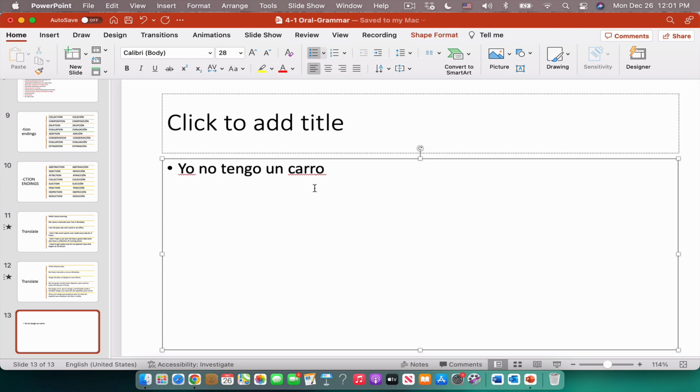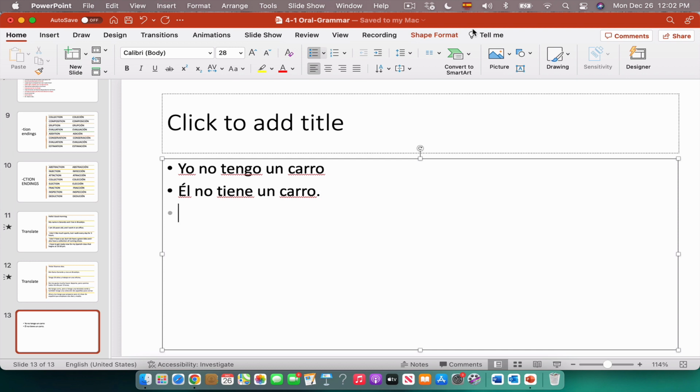What about he doesn't have a car? Well, in this case, he is going to be él. Sorry. Let me change this to Spanish. So it's going to be él no tiene un carro, right?